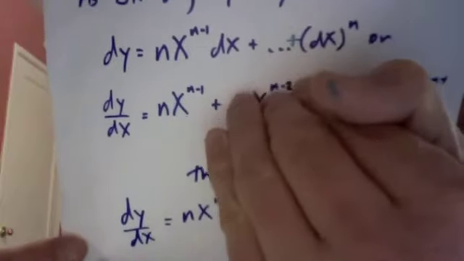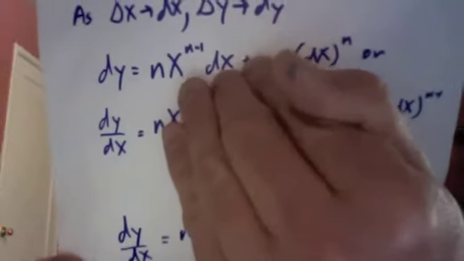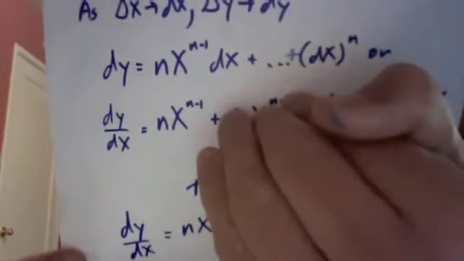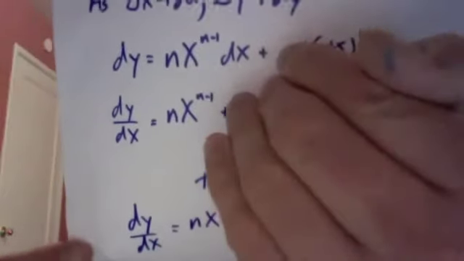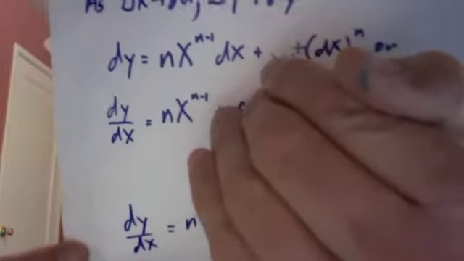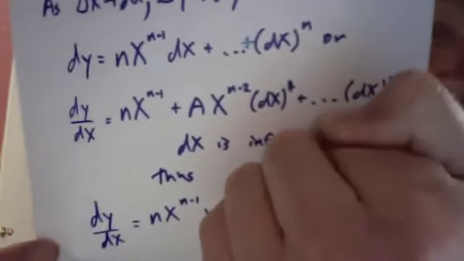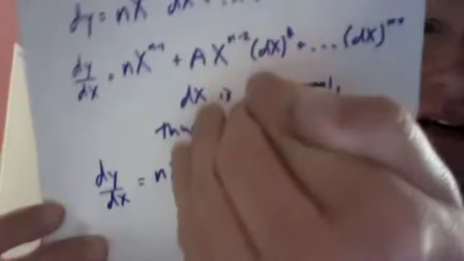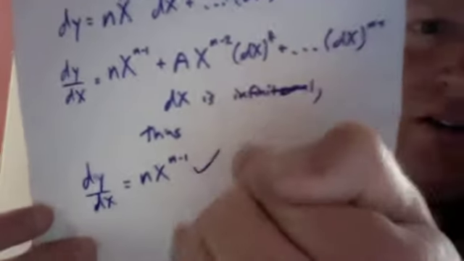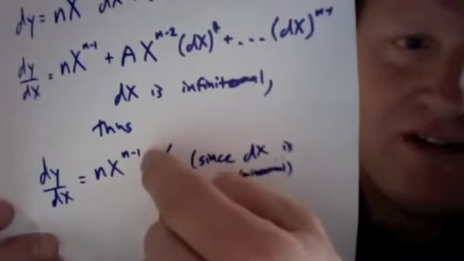Before, it probably would have been better if I had just left this as delta x and then allowed my delta x to go to dx somewhere down here, but it's not really going to present a problem because my dy dx is going to be n times x to the n minus 1, and the rest of these terms are infinitesimal. They don't count. So since they don't count, we're not going to worry about any mathematical paradoxes formed around them. So dy over dx is equal to n times x to the n minus 1.